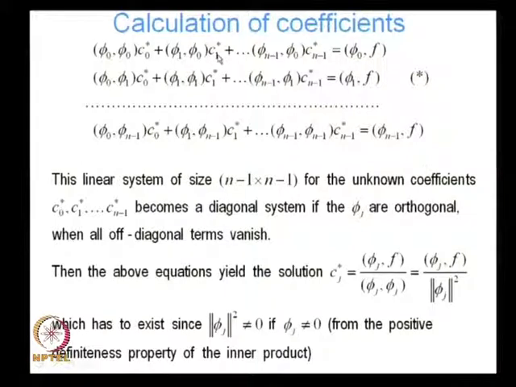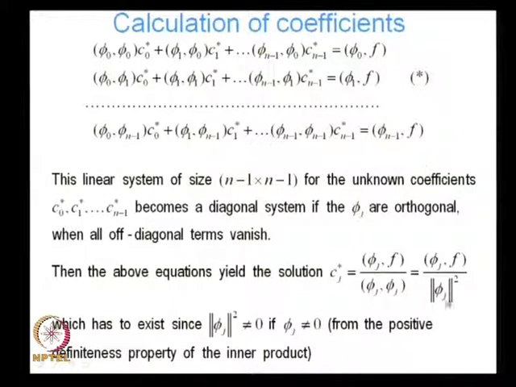Now, if I have an orthogonal basis, it is obvious that only the diagonal terms are going to be non-zero, each of the off diagonal terms is going to be 0. So, the system becomes a diagonal system if the phi j are orthogonal, when all the off diagonal terms vanish. Then the above system yields the solution Cj star equal to phi j comma f divided by the norm of phi j squared, which has to exist.